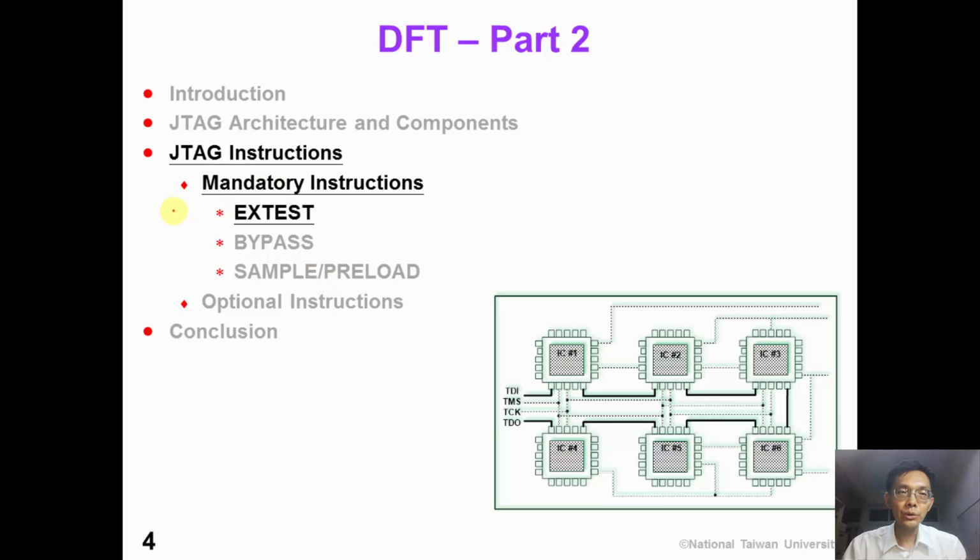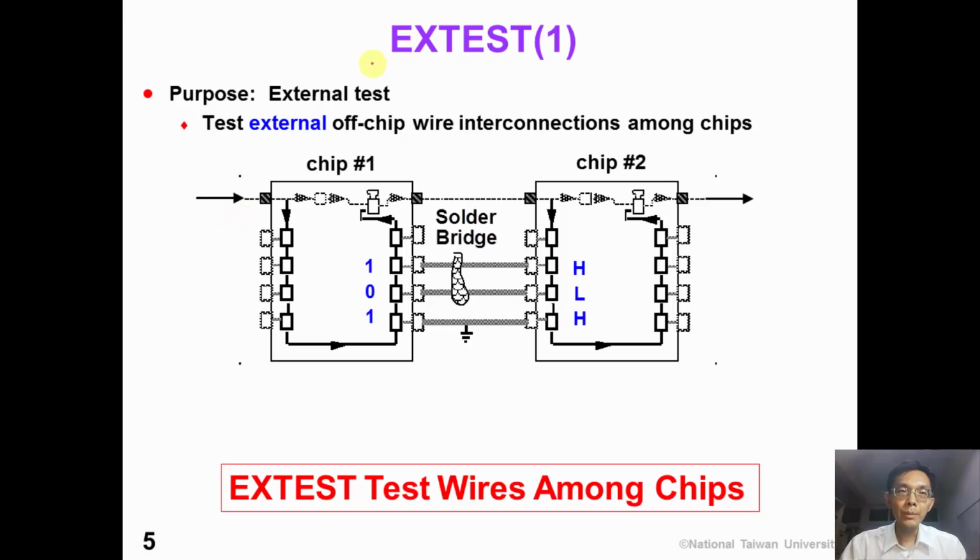Now let's introduce the first mandatory instruction, the Xtest. The purpose of Xtest is to test the external chip wire interconnects among chips. Let's revisit this old example. Suppose we want to test the bridging fault or the stuck-at fault between chip 1 and chip 2.